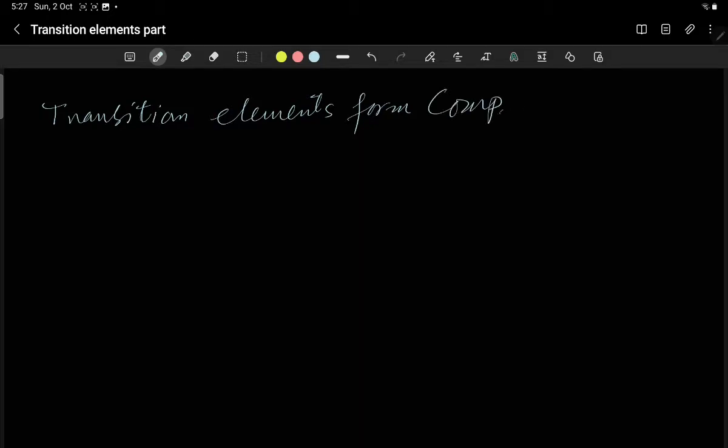So let's start. Transition elements form complex compounds. So what do you mean by complex compound?